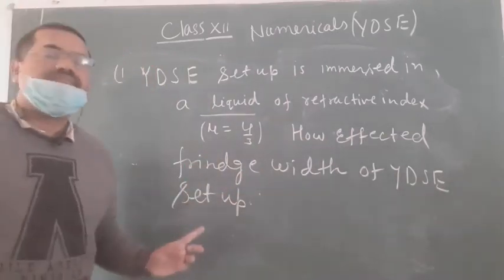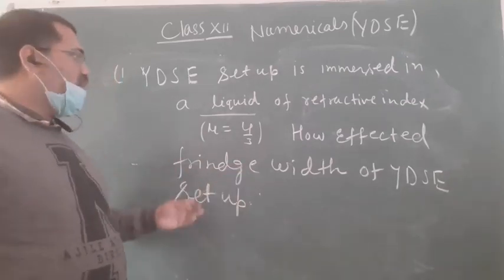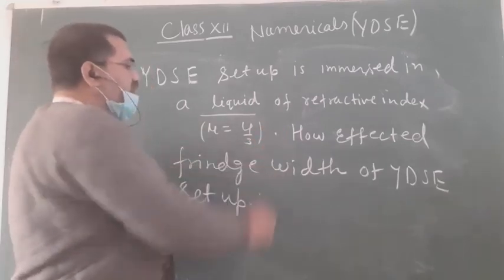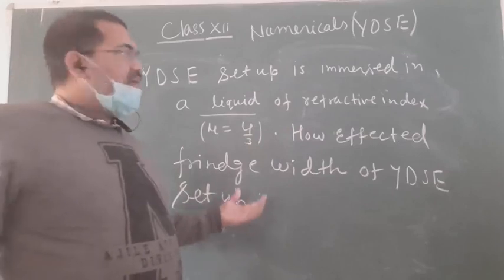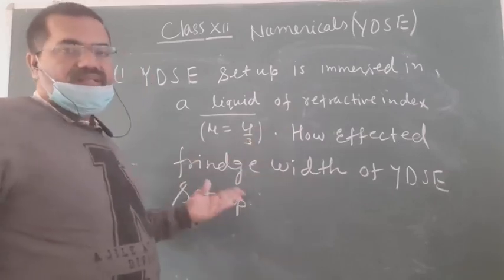Write it down. A YDSE setup is immersed in a liquid of refractive index 4/3. How is the fringe width of the YDSE setup affected when it is immersed in a liquid of refractive index 4/3? This is the question.